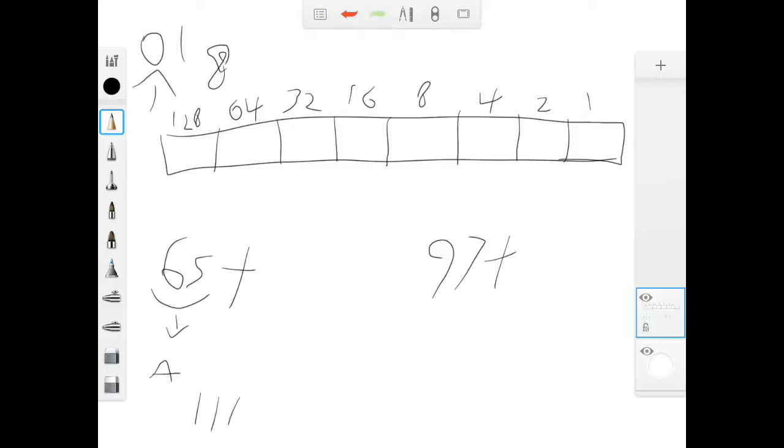B, C, D, E, F, G, H. As you can see, I counted starting from B. And if I count how many times I had to count, it is 4, 5, 6, oh, it's 7 times. 7 times, there you go. So then we have to add 65 plus 7, and it's good to practice that in your mind, but I'm showing it here for demonstration purposes. Which equals 72.